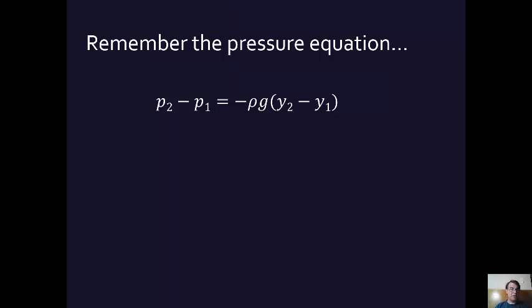So pressure 2 minus pressure 1 equals the negative density times g times the difference in height between point 2 and point 1, y2 minus y1.